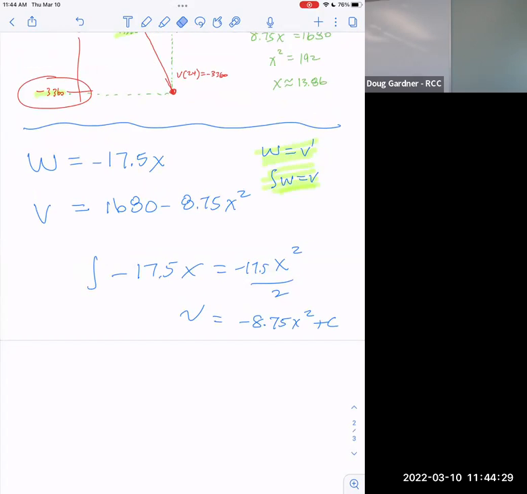So if it can be done using calculus, then moving down this list is taking an integral. Does it make sense you could actually find the moment right now just from 1680 minus 8.75x squared? Why don't we try it? What's the integral of 1680? 1680x. What's the integral of 8.75x squared?